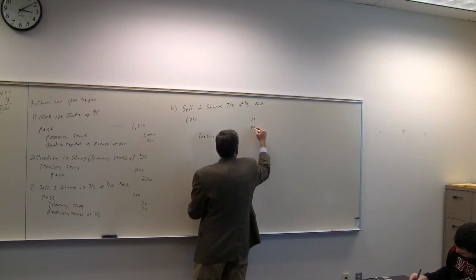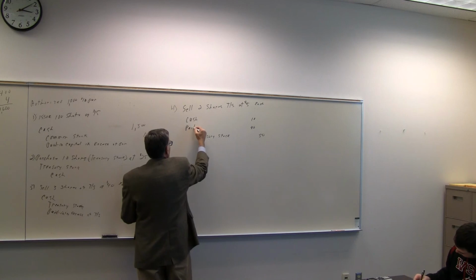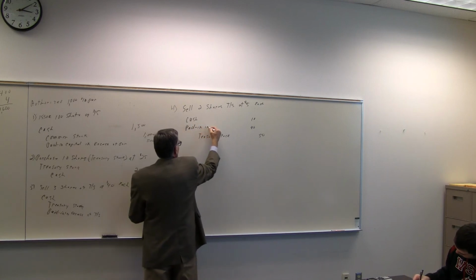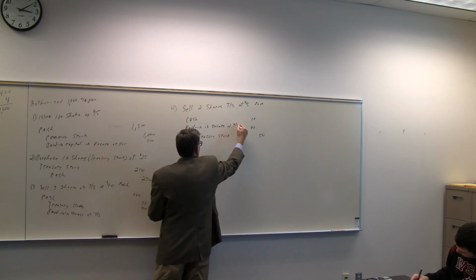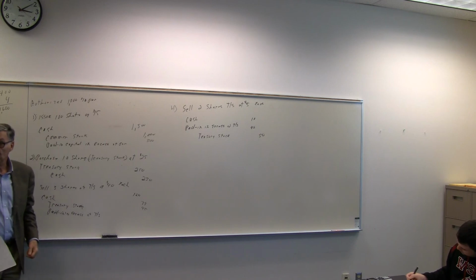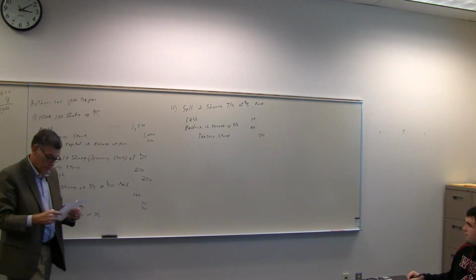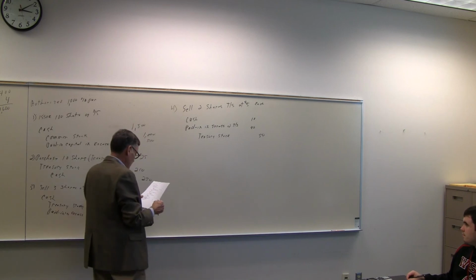We have a plug figure of 40, and that comes out of paid in excess of treasury stock. That makes sense? Is everybody okay with that so far? Adding up, okay. All right, and it's below cost, okay.